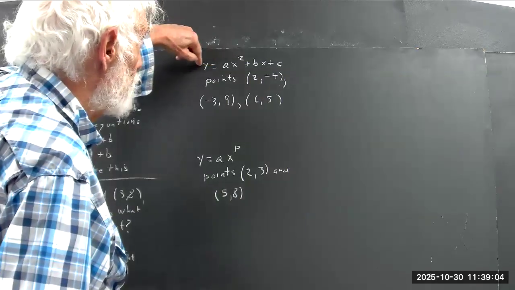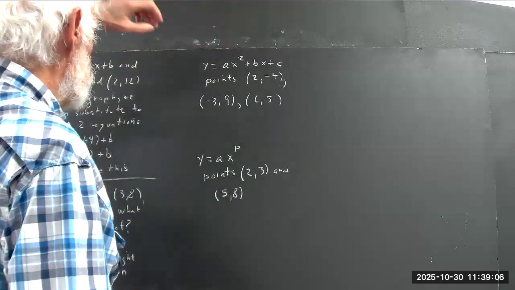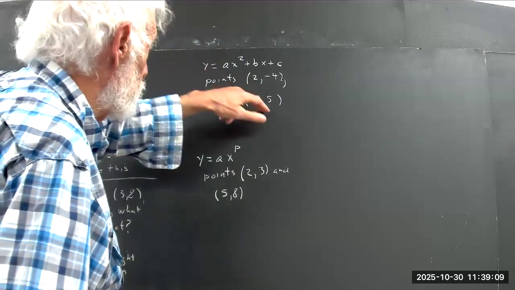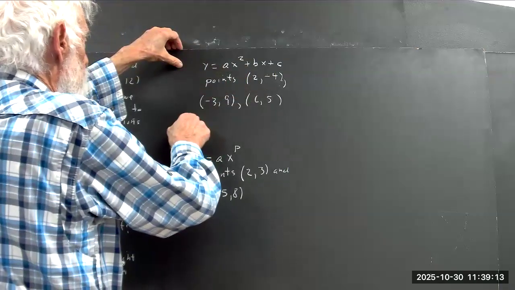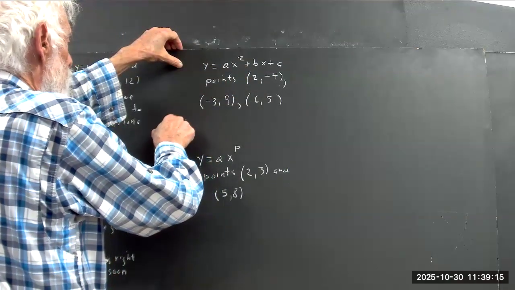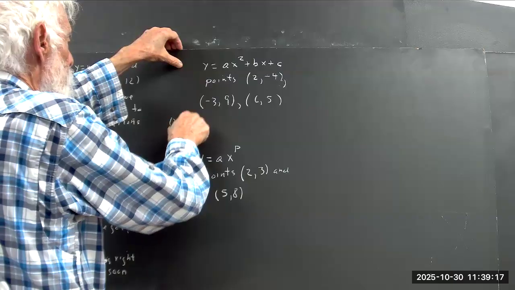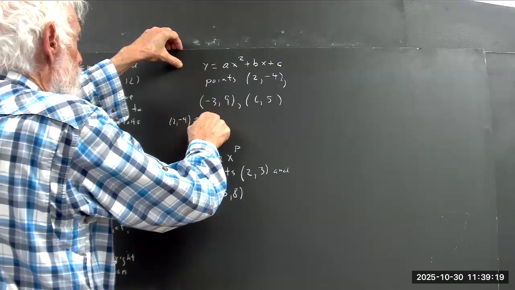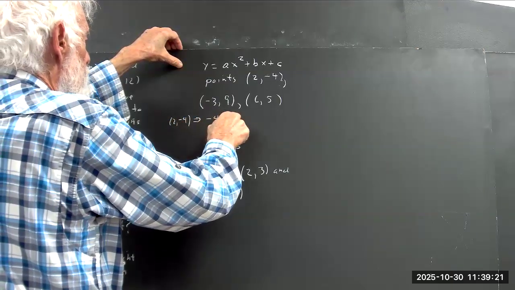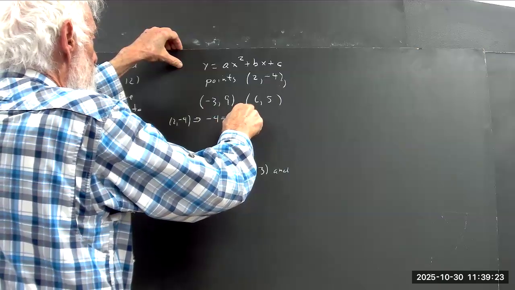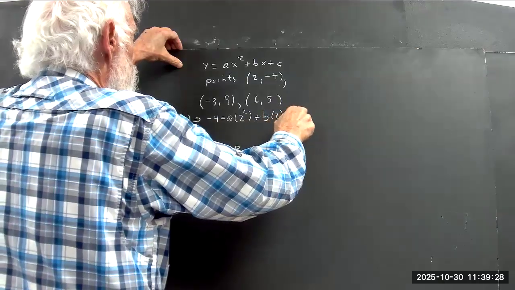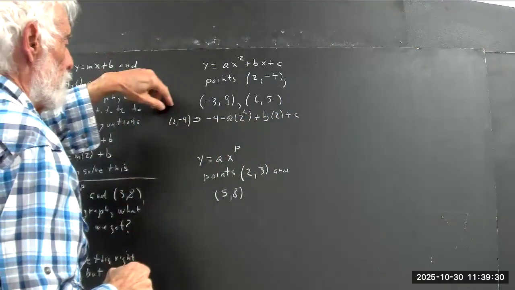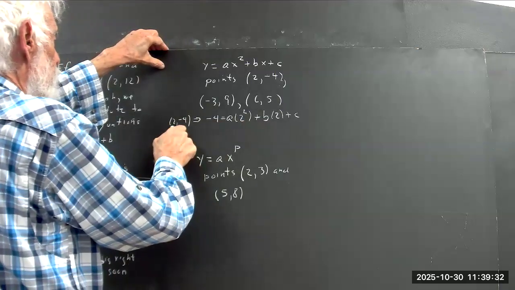Okay, now we have y equals ax squared plus bx plus c, and we have these points. X equals 2, y equals -4. So point 2, -4 gives us this.